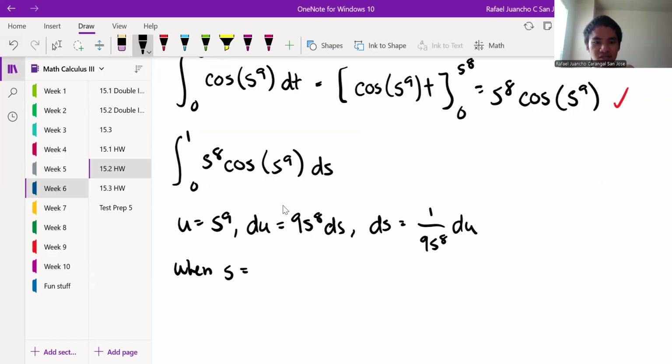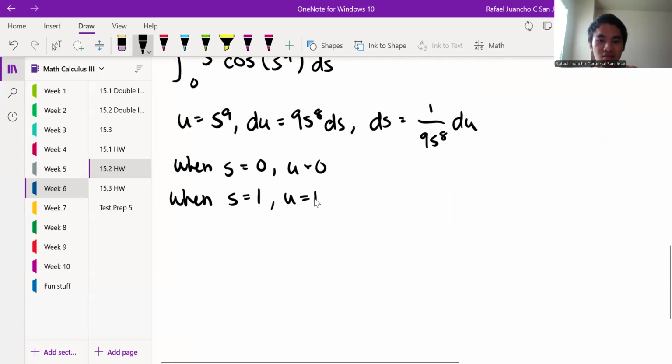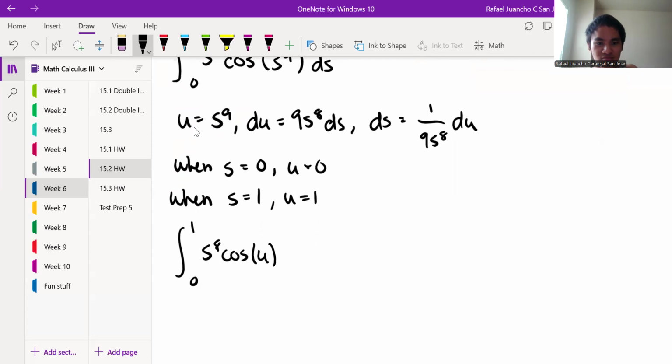When my s is 0, my u is 0 to the 9th, so that's 0. And when my s is 1, my u is 1 to the 9th, which is 1. So I have this integral from 0 to 1, s to the 8th, cosine of u, times 1 over 9s to the 8th du. And this gets canceled. And so I get 1 over 9, integral from 0 to 1, cosine of u du.